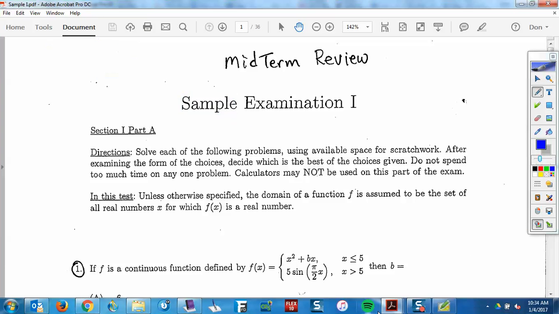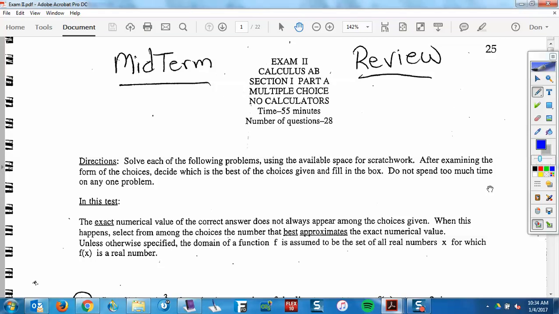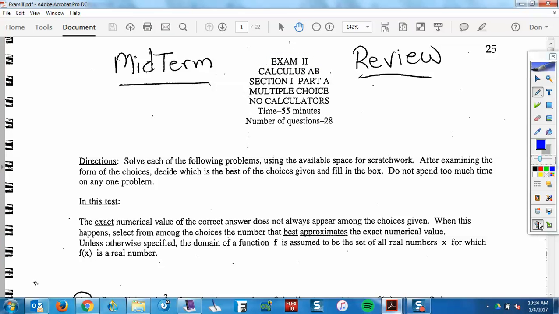The other booklet I have, which is older, looks like this at the front. They look very similar, except this one doesn't say sample. It just says exam 2. So I'll say, pull out exam 2. That's different than sample 2. Once we get these packets, make sure we're on the same one when we're asking questions.